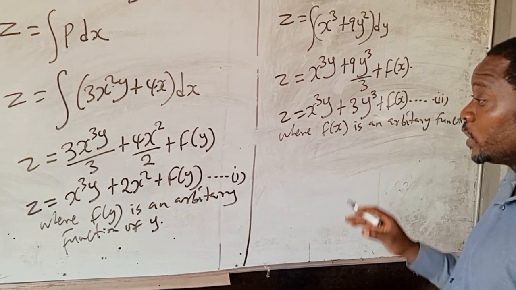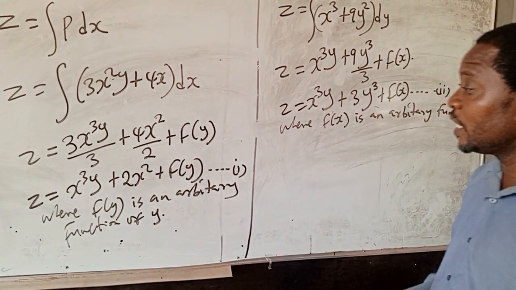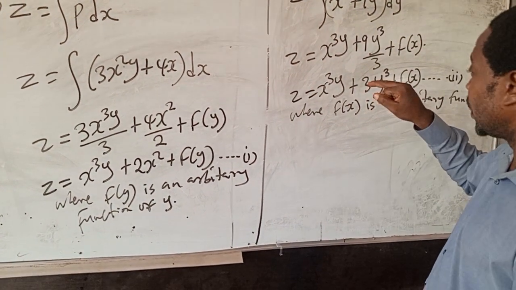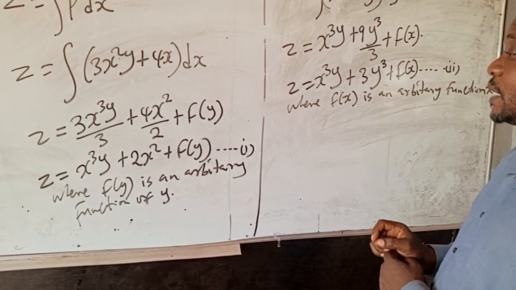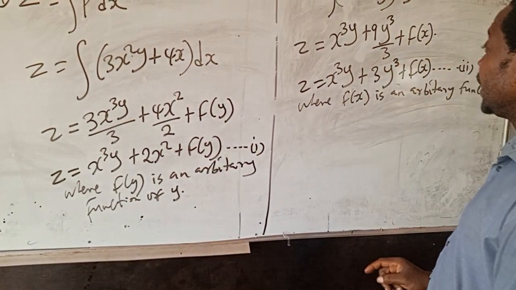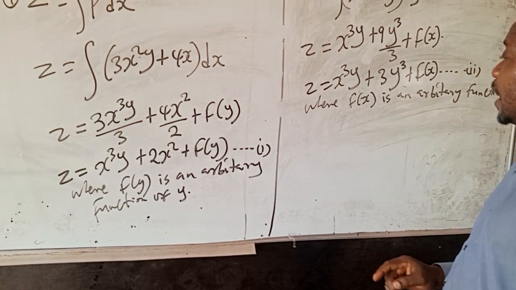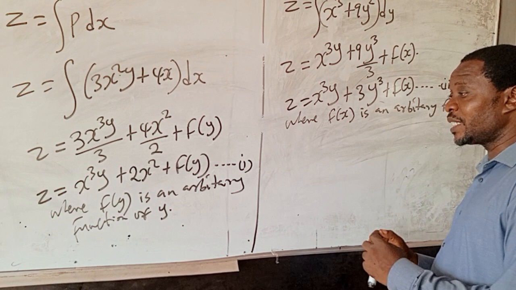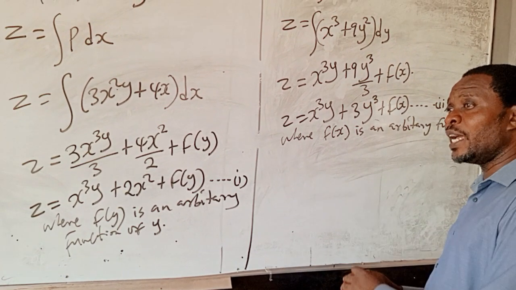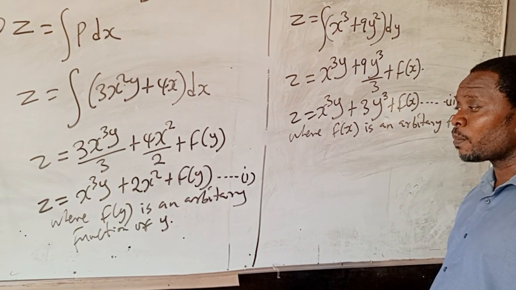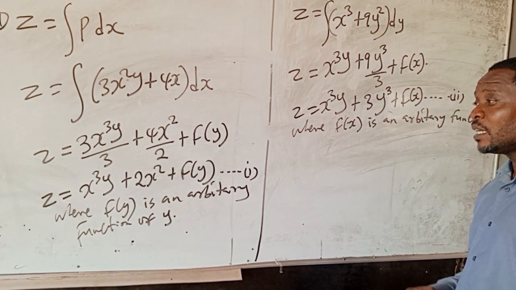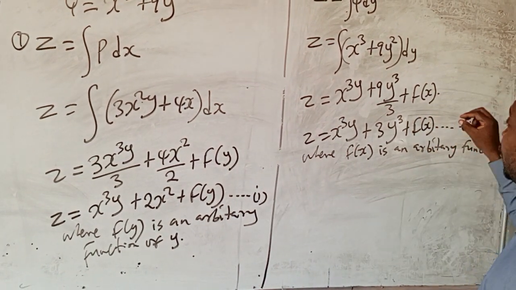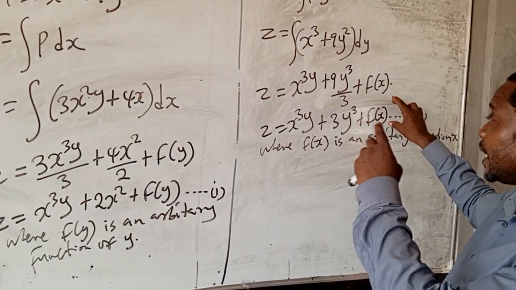So if 2 of them are equal, it means you take only 1. Then the first term of equation 1 and the first term of equation 2 are the same, so you're going to pick 1. Then the second term of equation 1 is not equal to the second term of equation 2. But what do you do now? When you reason, because they say that f of y and f of x are arbitrary functions, arbitrary means that f of y can be anything that contains y. f of x can be anything that contains x.